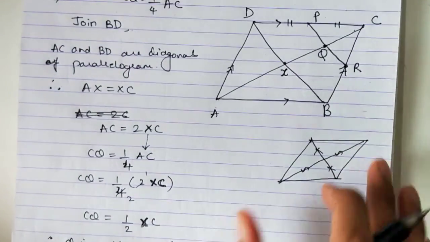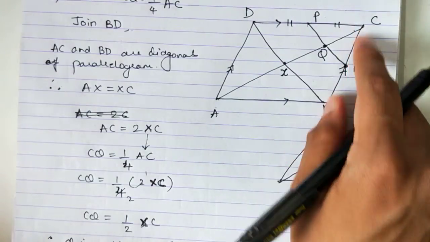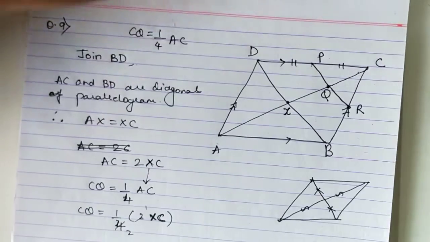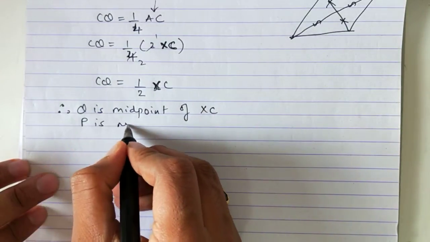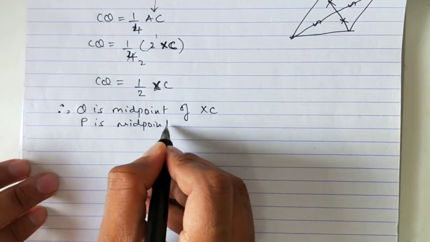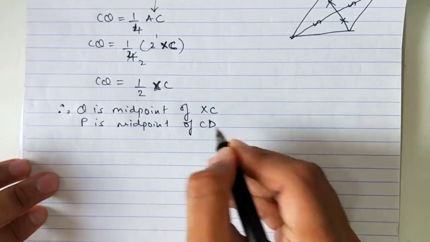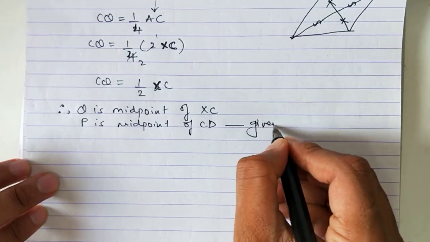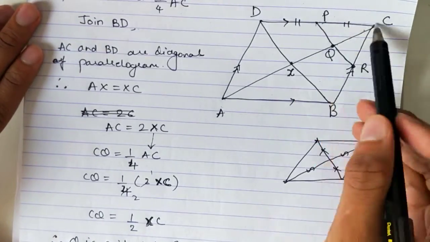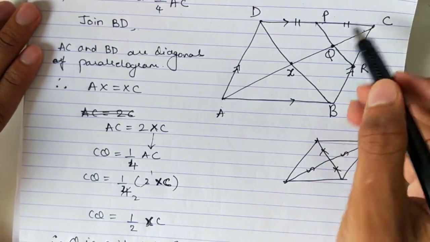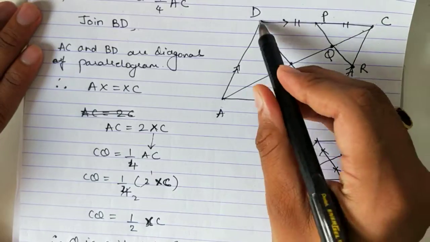And in the question it is already given that P is the midpoint of DC. Okay, so I'll mention that information also. P is the midpoint of CD. This was given. Now if you see this triangle, which triangle?